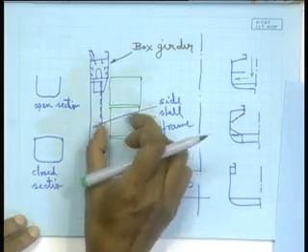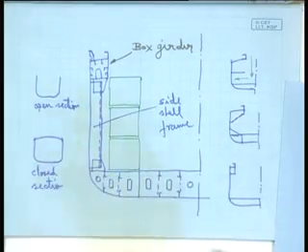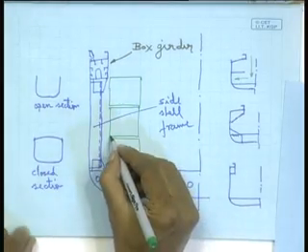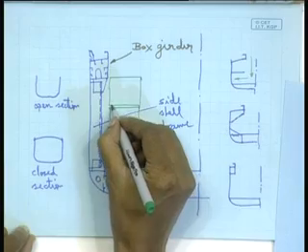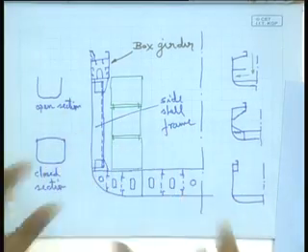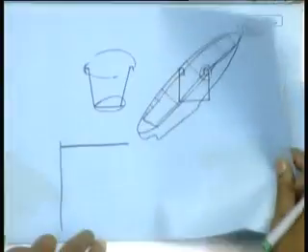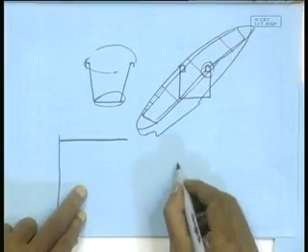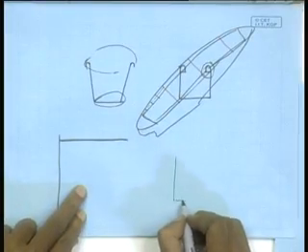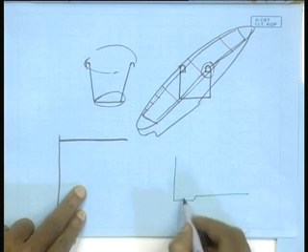Depending on the box size, and box sizes are fixed, 8 feet by 8 feet, they have a self locking arrangement. When you put one container over the other container, they sit properly. The container edge is something like this.